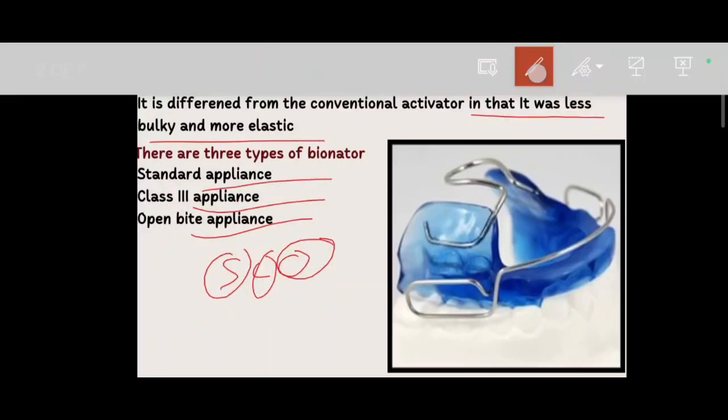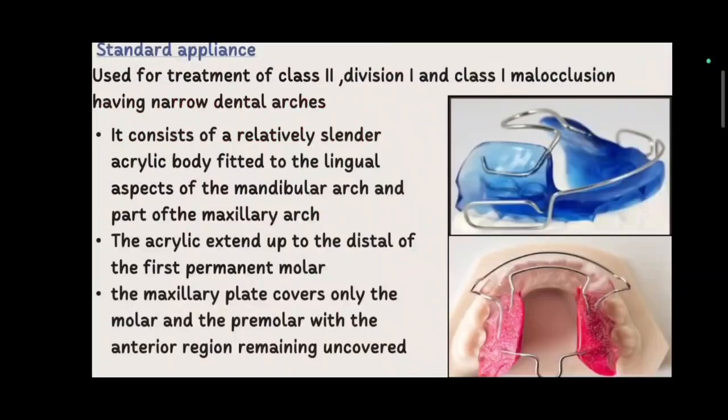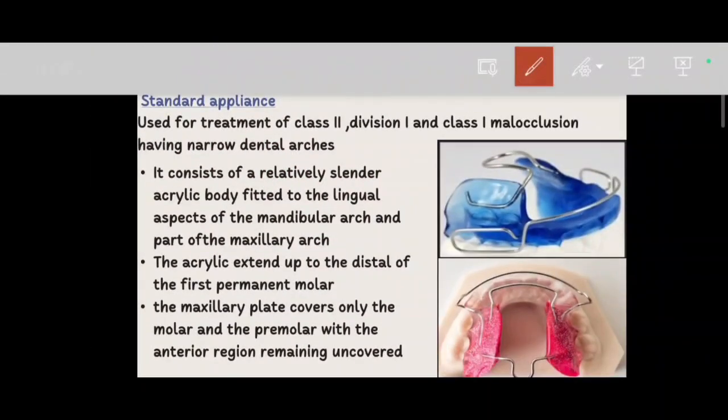Now let's study the standard appliance in detail because this is the most commonly asked in the exam. The standard appliance is used for the treatment of class 2 division 1 and class 2 malocclusion which is having a narrow dental arch. It consists of a relatively slender acrylic body which is fitting to the lingual aspect of the mandibular arch, and this one is the part of the maxillary arch.